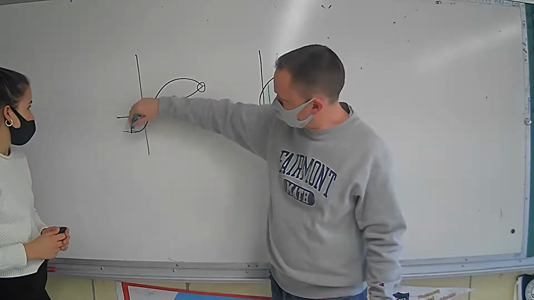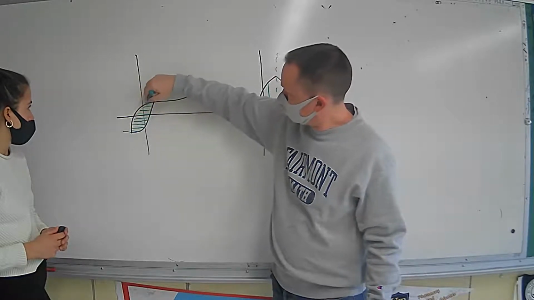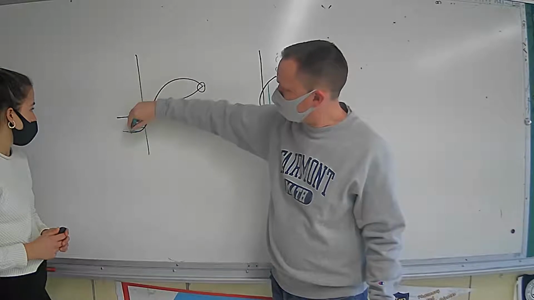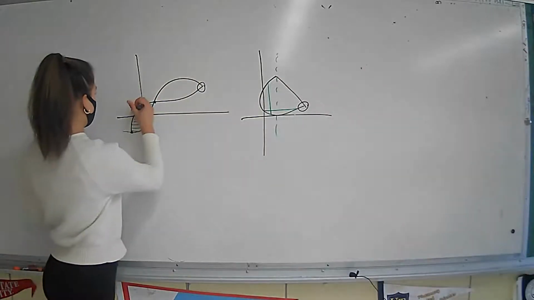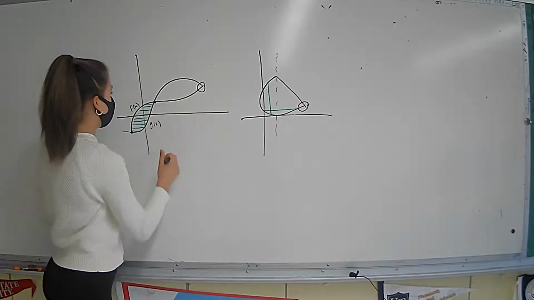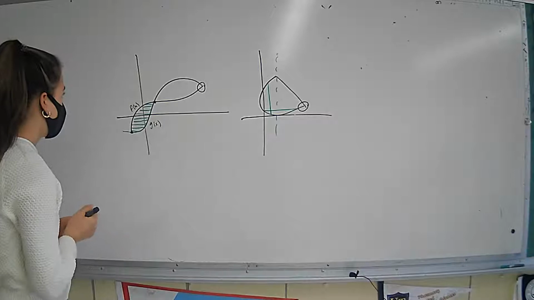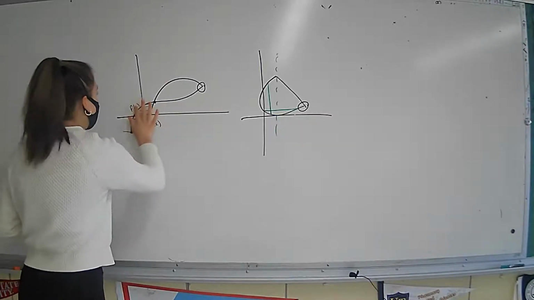This one right here, if you were going to do it with respect to y, you could, because these rectangles are all the same, all the way up. So you would start at that y value and go up to that y value. Let's say this is f of x and this is g of x. When you go to do your integral, those would need to be functions of y.